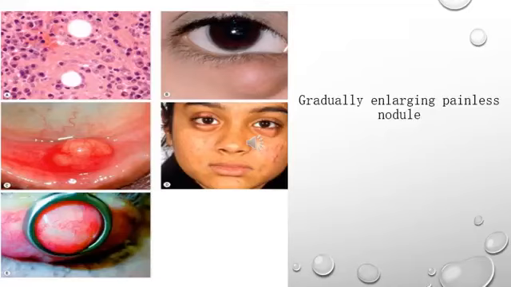In the lower photo, the lid is everted and the chalazion is fixated by an instrument called the chalazion clamp, to localize the chalazion to do the surgery, as we now talk about the treatment.